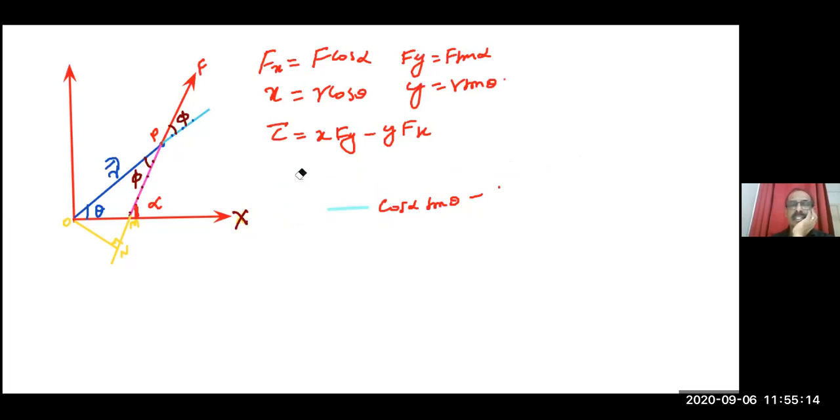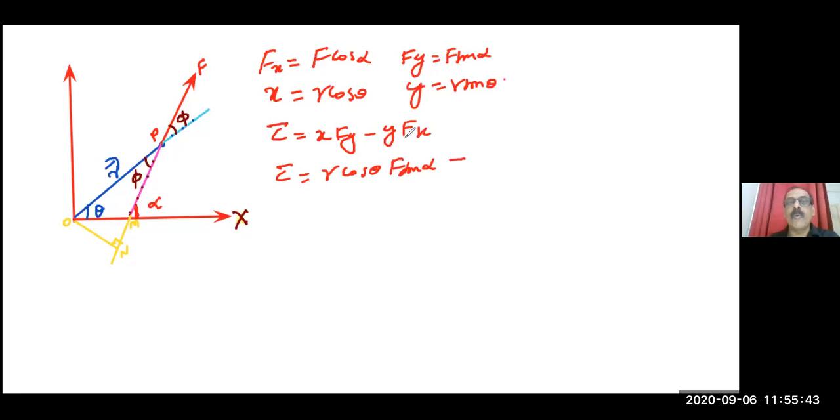I'll correct. Torque: x is equal to R cos theta, Fy is equal to F sin alpha. Any doubt? No, sir. It's correct. X is equal to R cos theta, Fy is equal to F sin alpha. Okay?